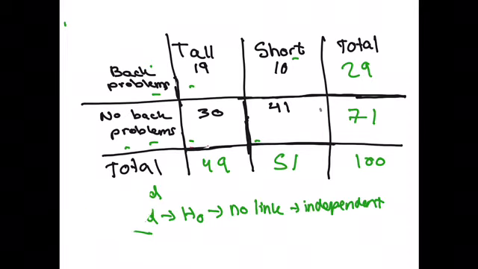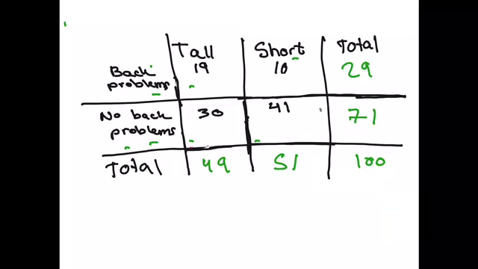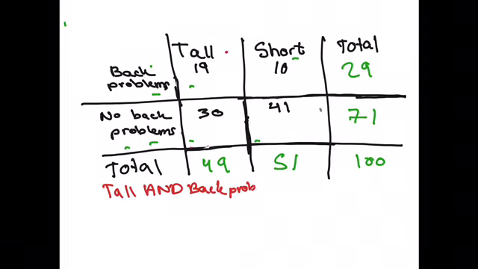Okay, so now that we have our totals, we're going to calculate our expected values. The expected values mean that these variables are not linked at all. Let's start with the expected value for someone who is tall with back problems. So let's calculate the chance of someone being tall.